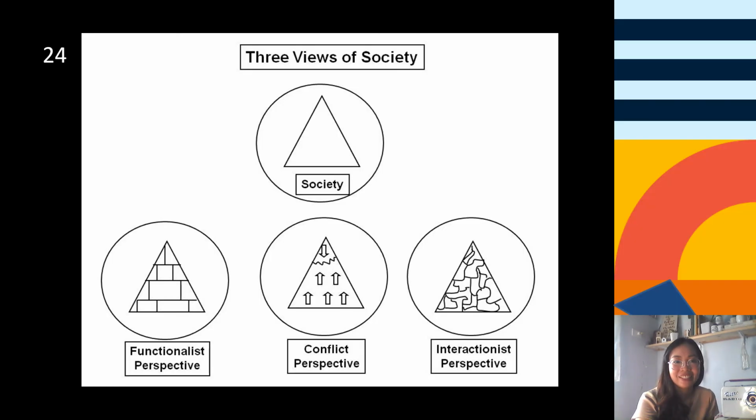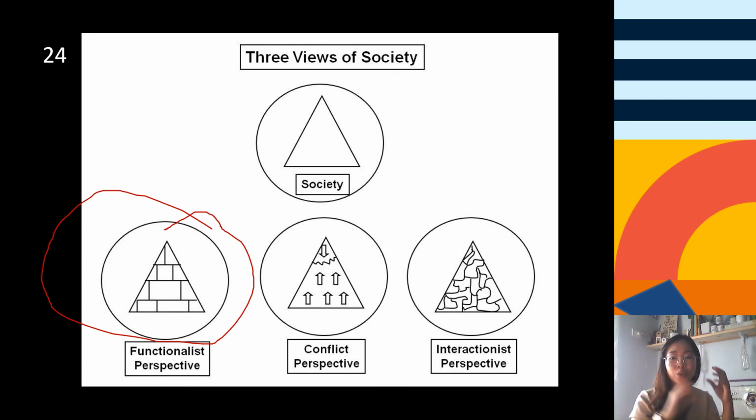Alright, let's do it. So just to illustrate things, if you are a visual learner, I hope this visual or illustration helps. If you have not understood any of the things that I have said or almost anything in our lecture a while ago, I hope this helps. This one depicts the functionalist perspective, the different parts working together to maintain stability and order in the society.